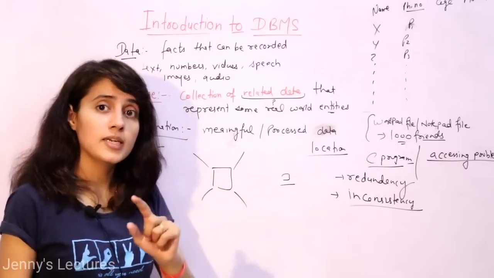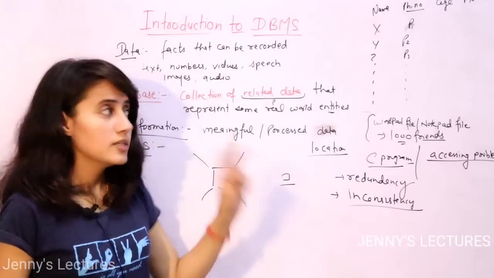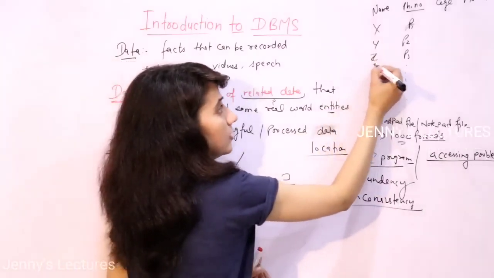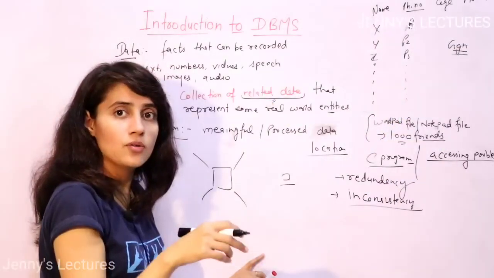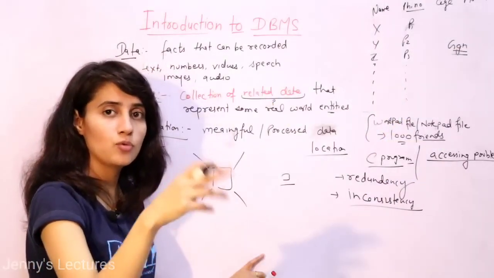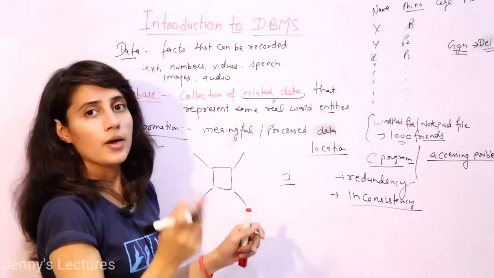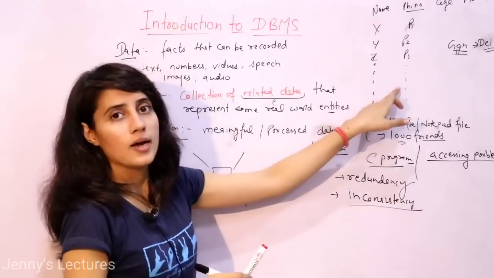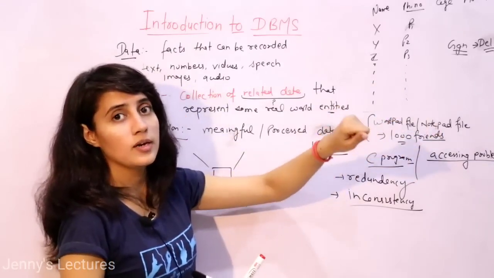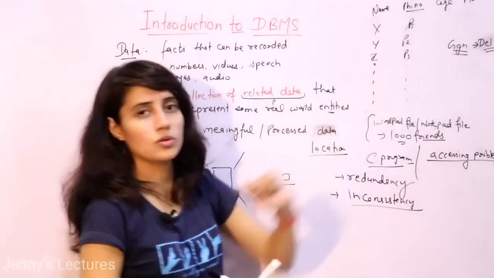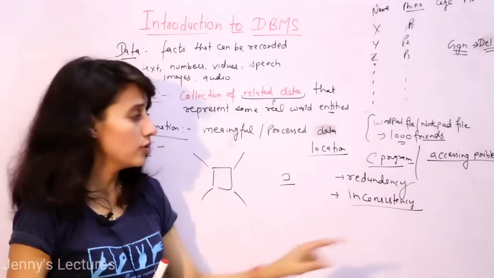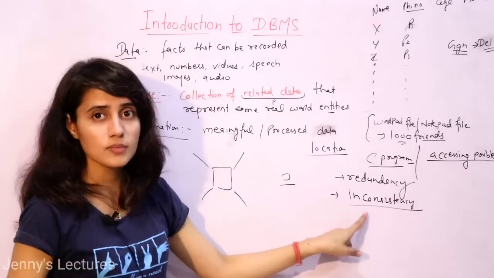Then that is inconsistency, because suppose Z is from Gurgaon and has shifted from Gurgaon to Delhi. Now I have updated this file and another file also, but in the third file the address is still Gurgaon. That is inconsistency of data, right?